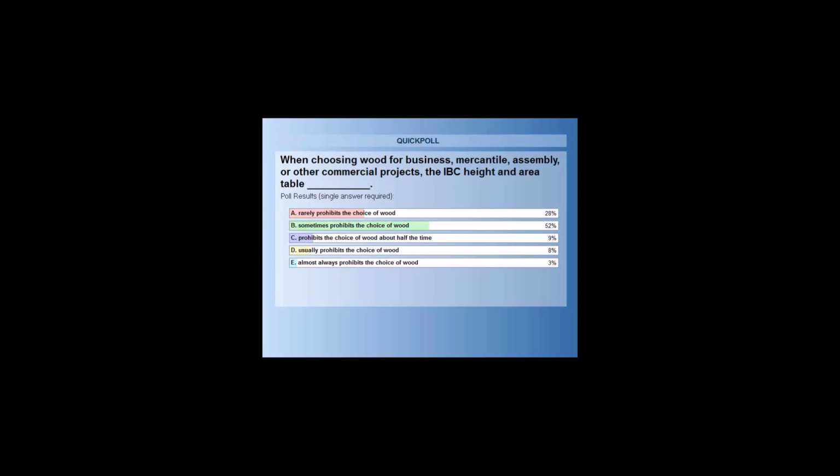I want to mention something before we start into the fundamentals of the IBC about building size, and that is that the topic of the height and area table themselves as to their usefulness and appropriateness actually is a topic, and has been a topic for some time.